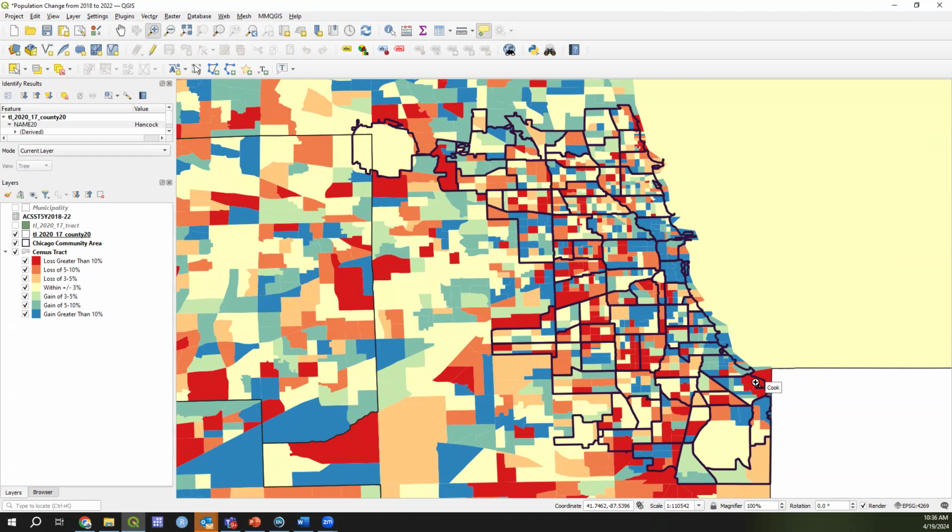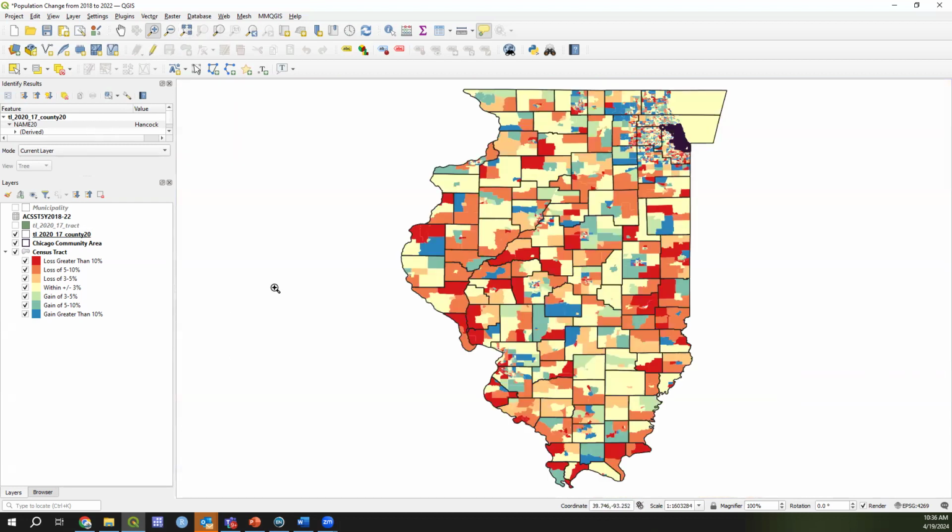Those are areas that have lost population, along with Jefferson Park up on the northwest side by O'Hare Airport. So even within the city, there was a great deal of difference by neighborhood as to how much the population has changed between 2018 and 2022.